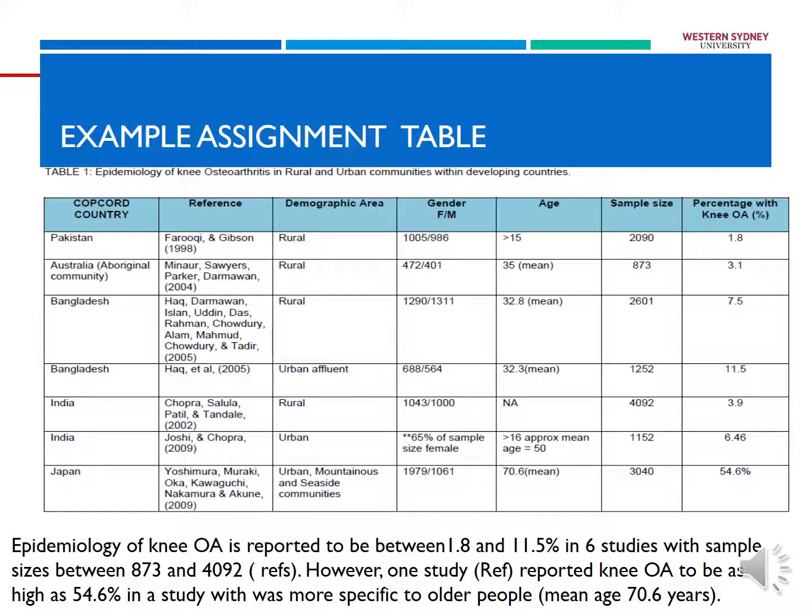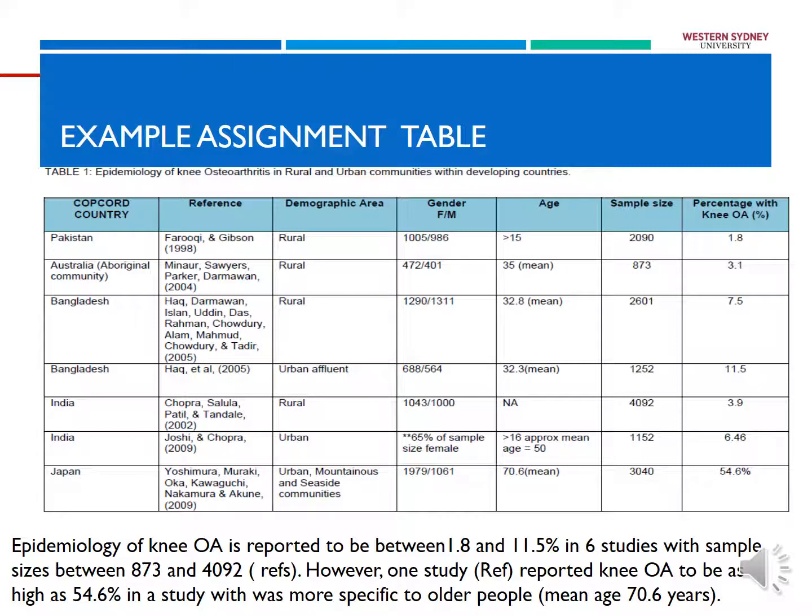The way that you could summarize this table could be something like we put at the bottom here. So the epidemiology of knee osteoarthritis is reported to be between 1.8 and 11.5% in 6 studies with sample sizes between 873 people and 4,092.